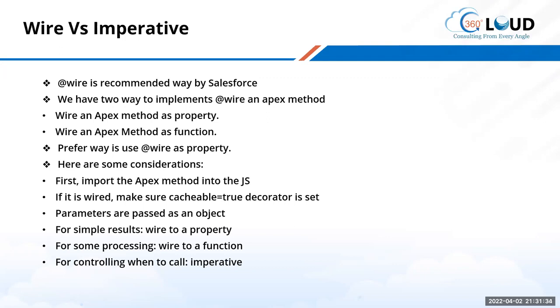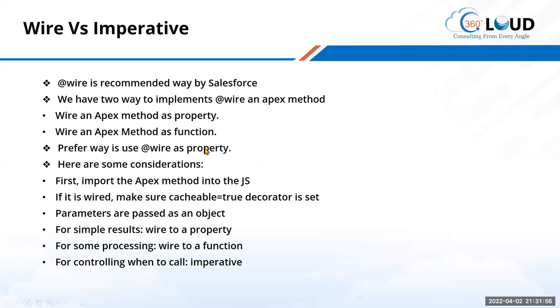In the wire, as you know, we have two methods: wire and apex method as a property or as a function. The preferred way is to use wire as a property, like a single piece of code, where we don't want to process the data or perform any actions on the data.